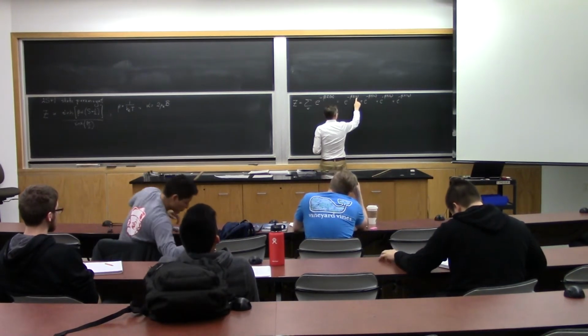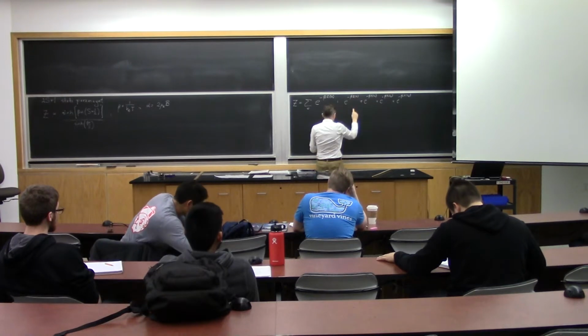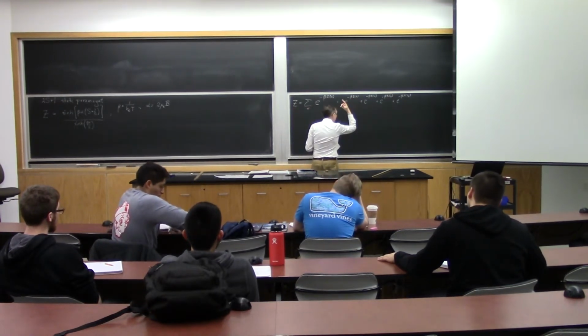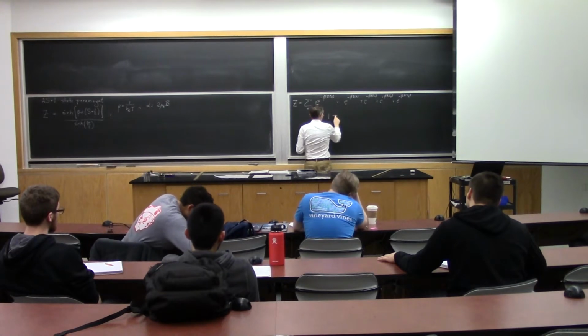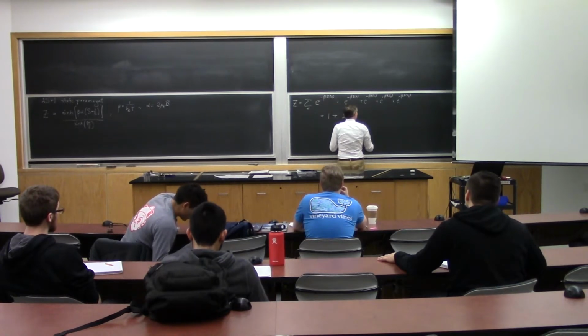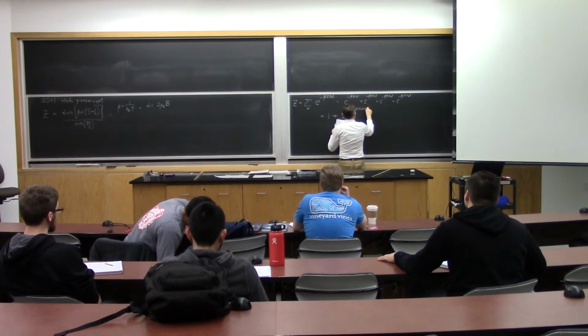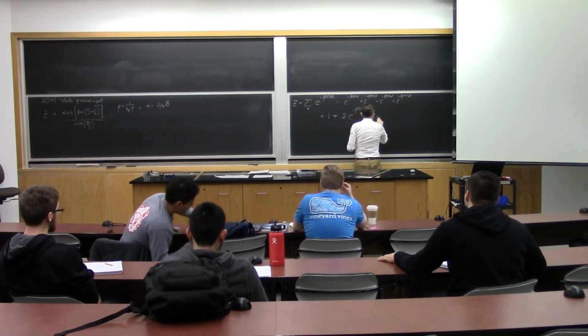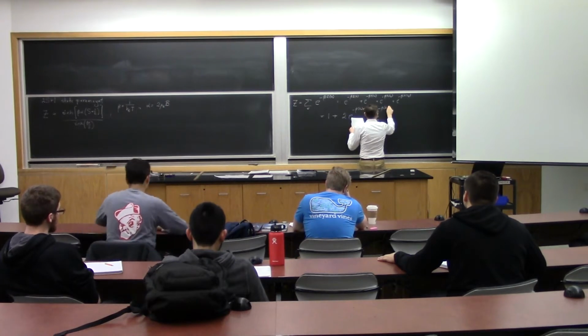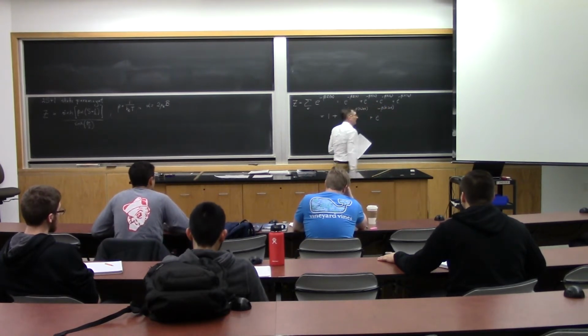And the energy of state S1 happens to be 0, so this first Boltzmann factor just becomes a 1. And then these 2 are the same, so let's just write this as 2 times e to the minus beta times the energy of that state, which happens to be 0.1 electron volts. And then the last term is e to the minus beta times the energy of state S4, which is 0.2 electron volts.